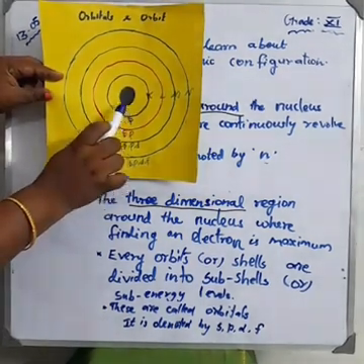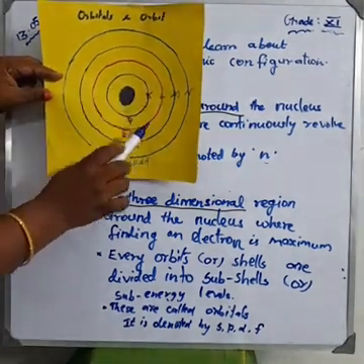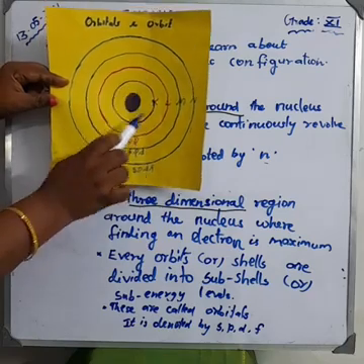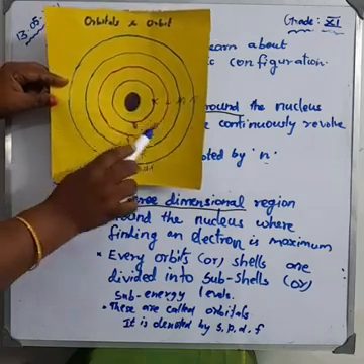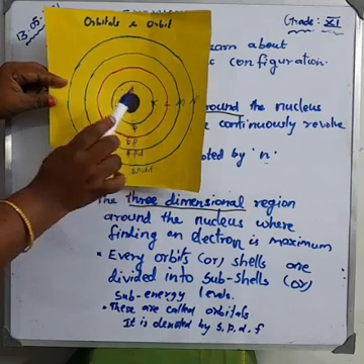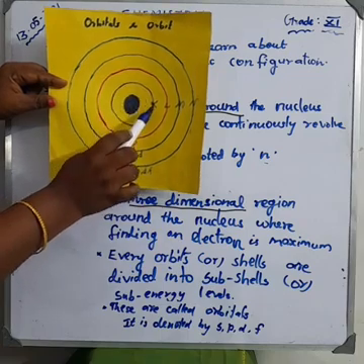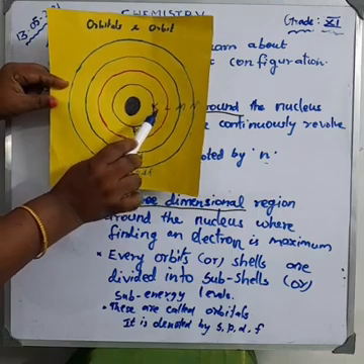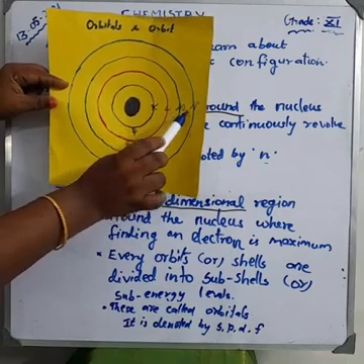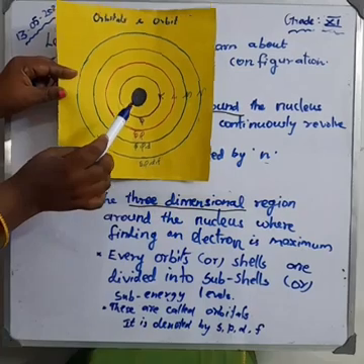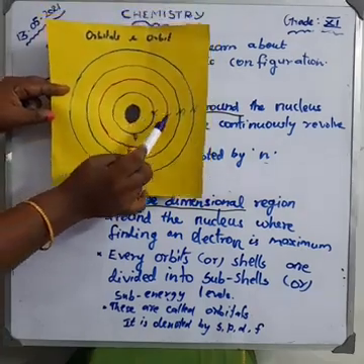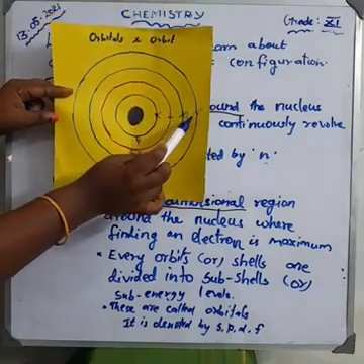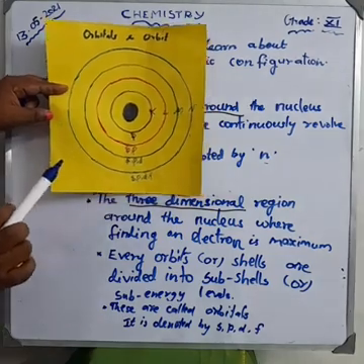The electrons revolve around the nucleus in a circular path. This circular path we call orbits. What orbits are there? K, L, M and then N.